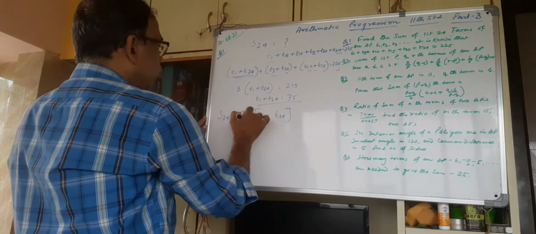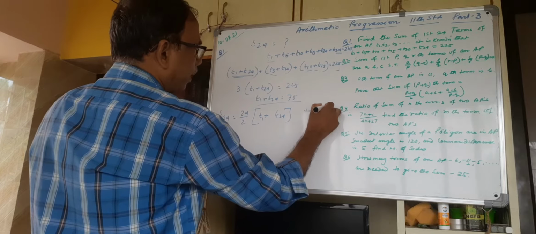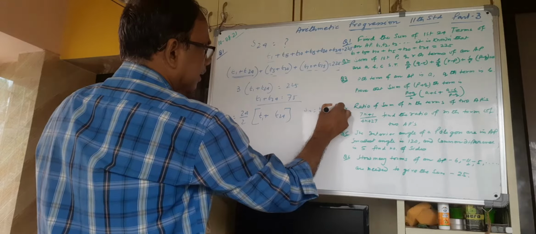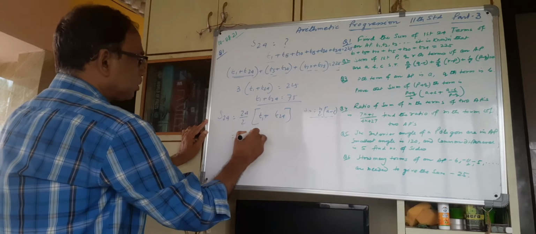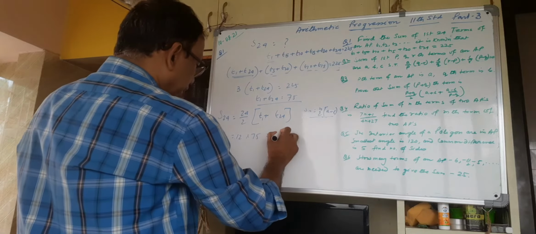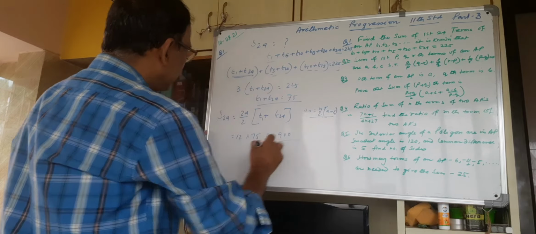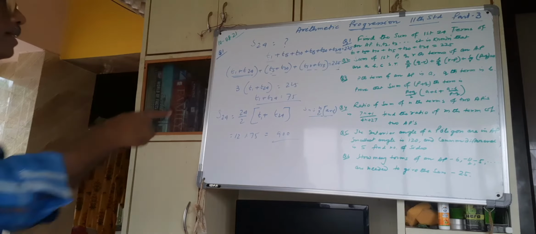So Sn equals n by 2 times (A plus L). Using this formula, we get 12 times (T1 plus T24), and T1 plus T24 is 75. That equals 900. That is the sum of 24 terms of this series.